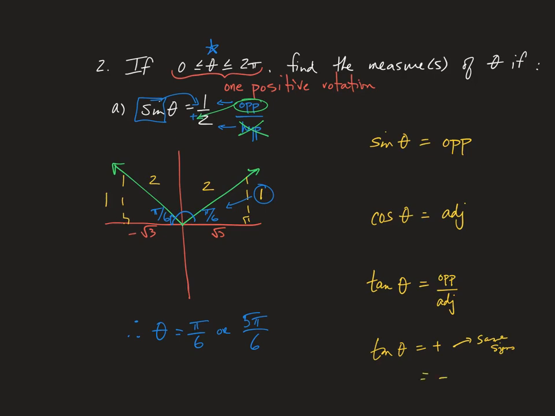If my tan was negative, then the only way I can make a fraction negative is if I had different signs. And we can determine our quadrants in that case. We're going to see this in practice, and we're going to see why we can be a lot faster if we just use our old reasoning. So let's jump in and work through a bunch of problems like these.